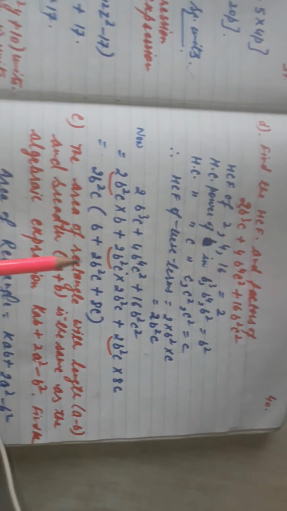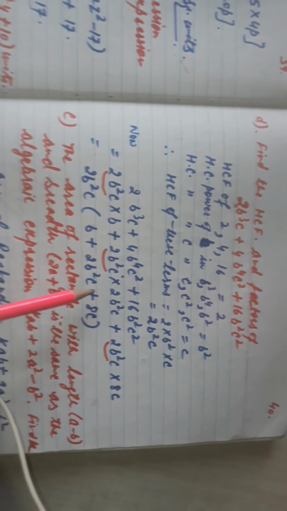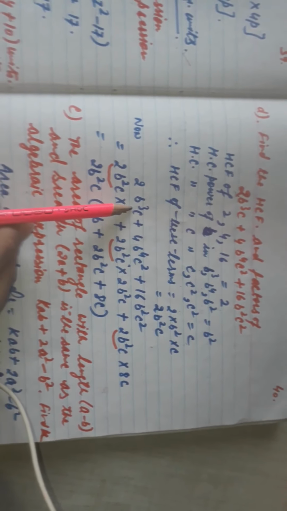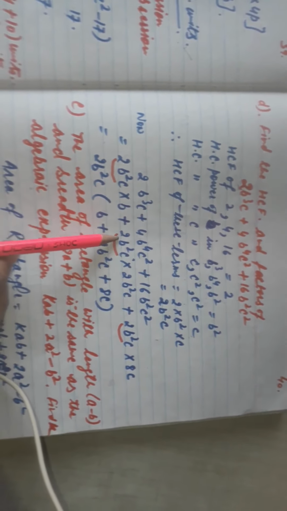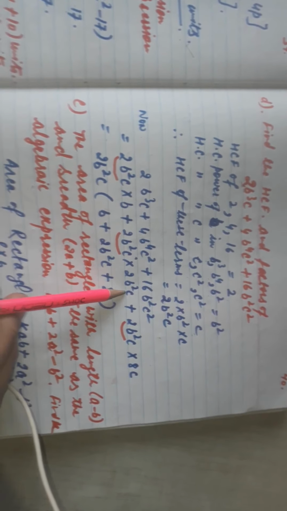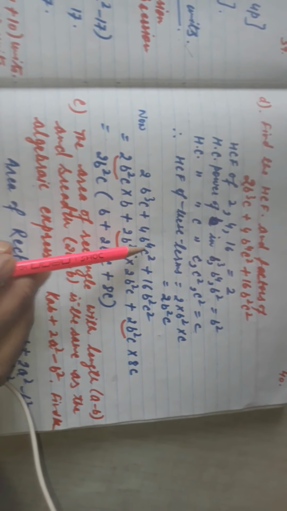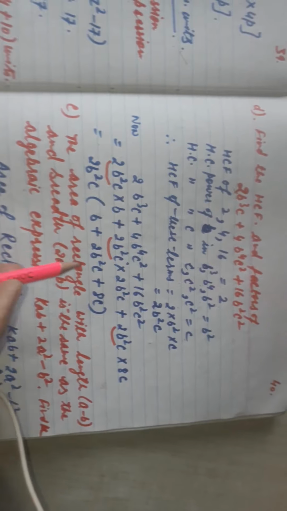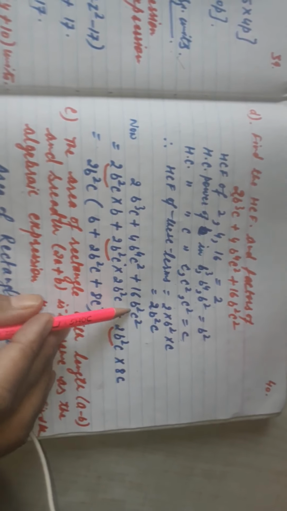After this we have to make the factors of each term such that one factor is the HCF, that is 2b square c into b. When we multiply this we get 2b cube c, then plus 2b square c into 2b square c we get 2b raised to power 4 into c raised to power 2, then 16b square c square.